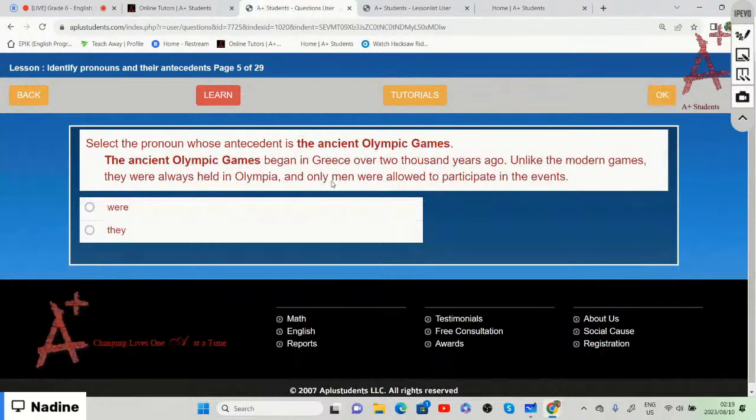So we need to choose between "were" and "they," right? And select the pronoun whose antecedent is the ancient Olympic Games. All right, so we will say it is "they."